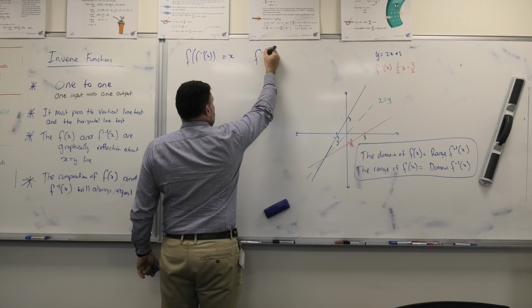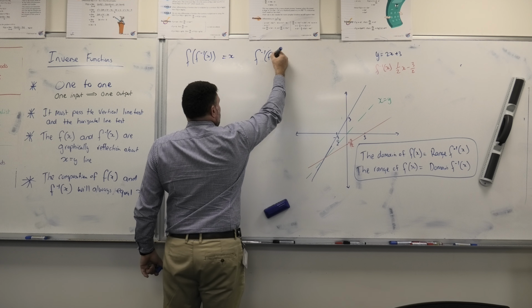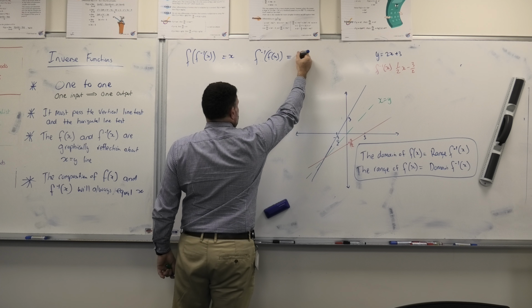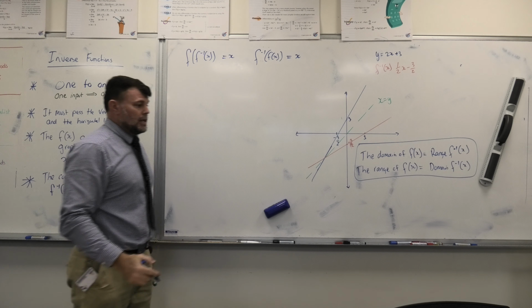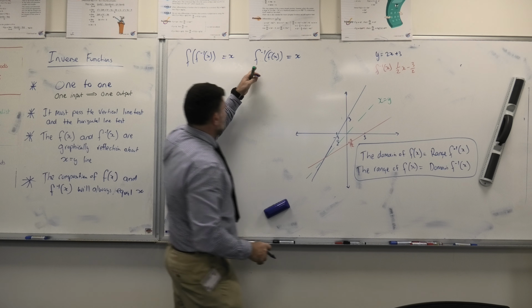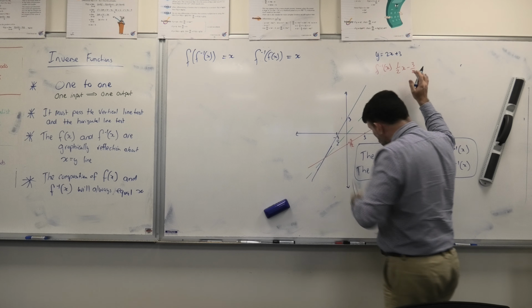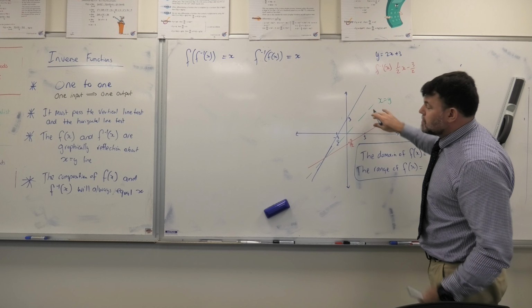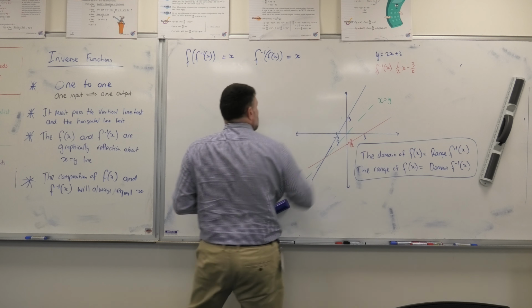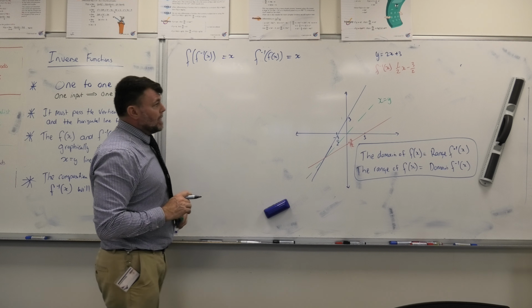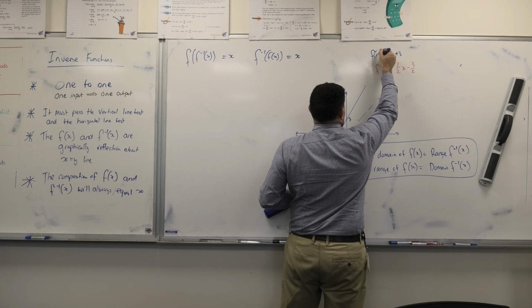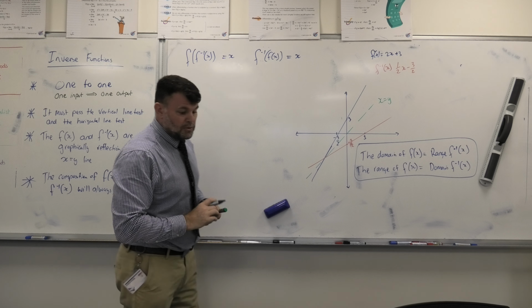And if I had my inverse function with a composite of a function, that should also equal x. And that should line up with this, where y equals x, according to our reflection of our graph. So let's put that into practice. We'll just change this here to f of x. So let's put that data in.